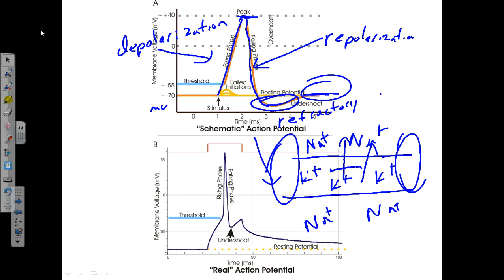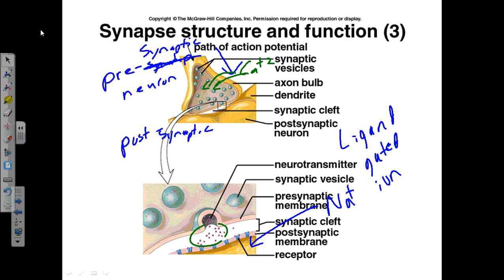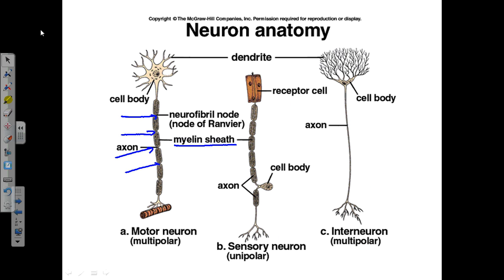Also important to remember that one way that the impulses travel is they tend to jump from one node to the next, to the next, to the next. So that makes the impulse travel how? Faster. And what's the word for that, that the impulse can jump from node to node to node?